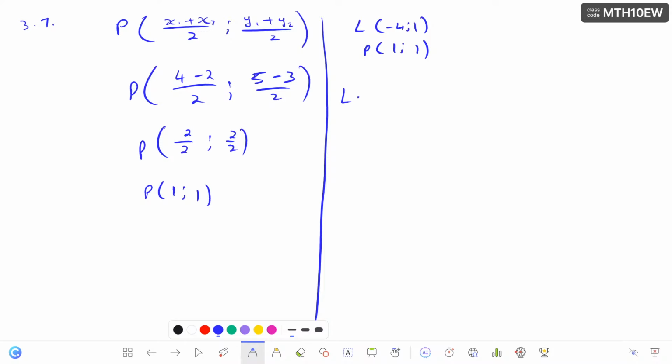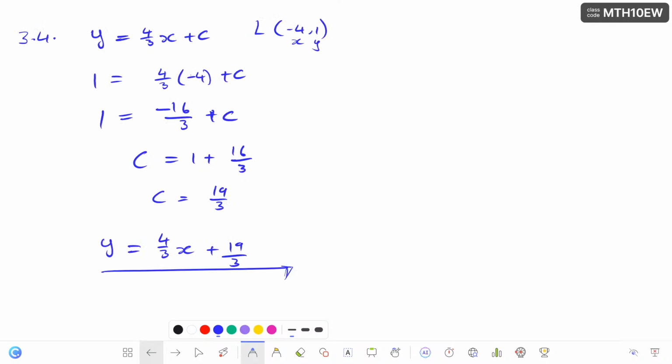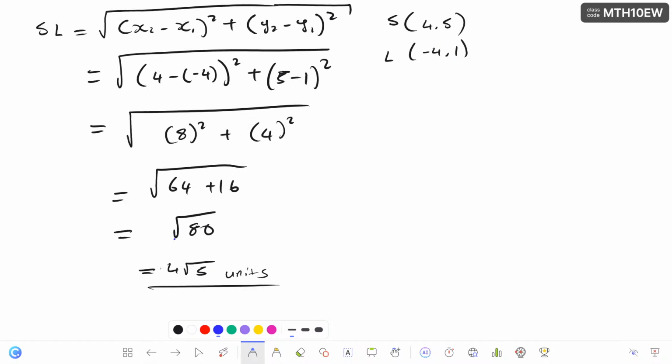So distance LP is going to be the square root of, since you know the formula, -4 minus 1 squared plus 1 minus 1 squared. So this one is going to give us -5 squared, which is 25, and the answer is 5 units. That's why I said it's also going to be 5. So here is 5.